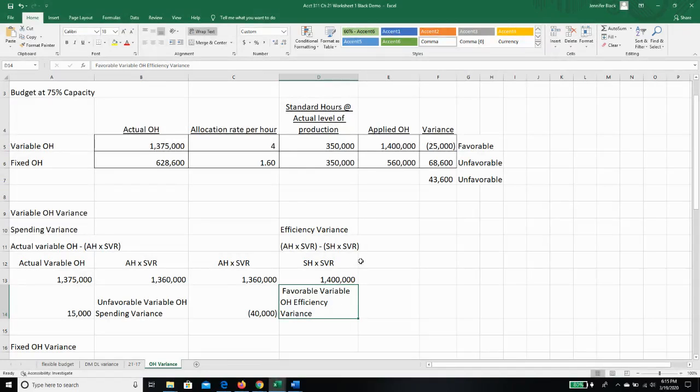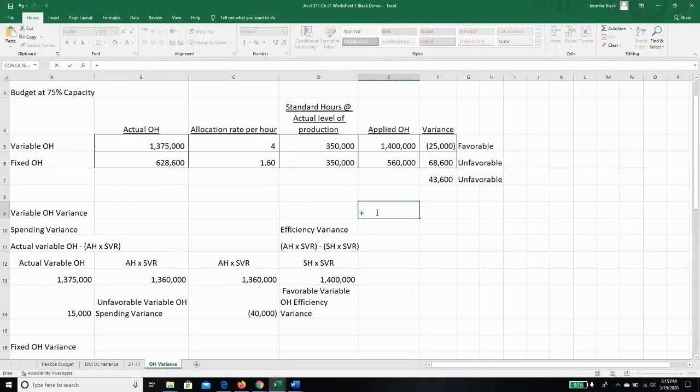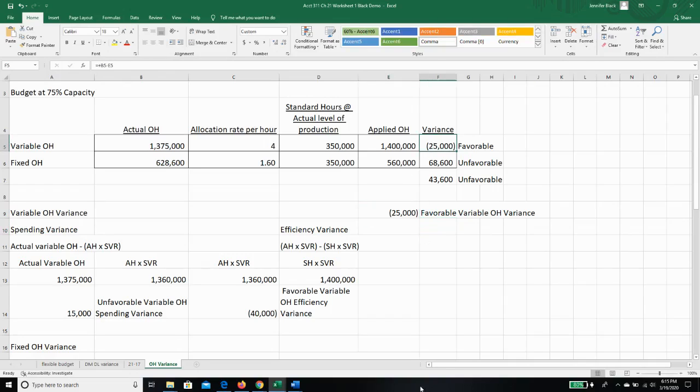Okay, so coming up here, let's add our two variances together. Our 15,000 unfavorable spending variance plus our 40,000 favorable efficiency variance, and we end up with a favorable variable overhead variance of 25,000, which is exactly what we saw.